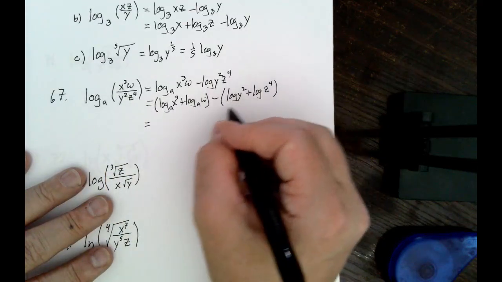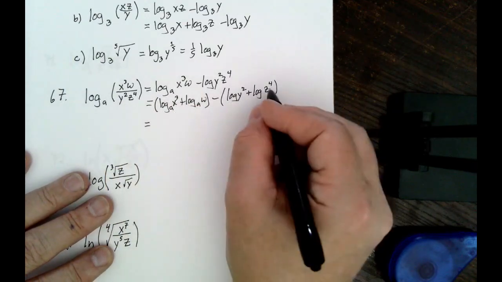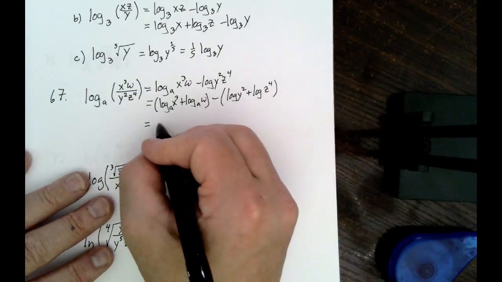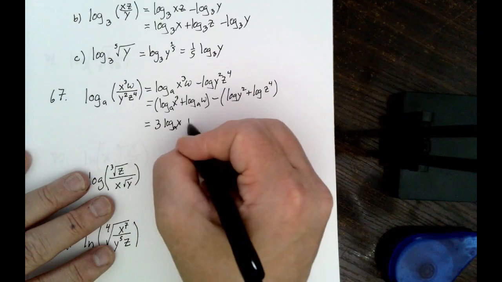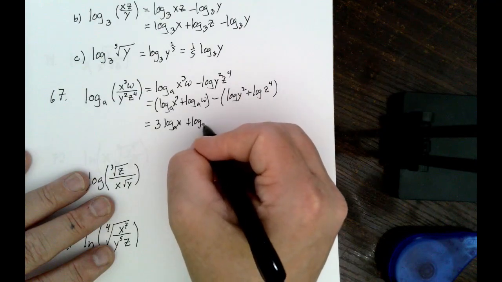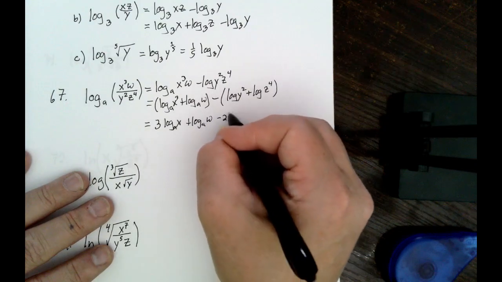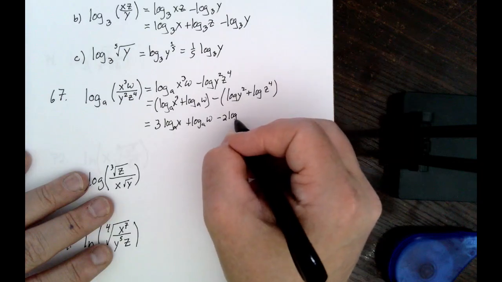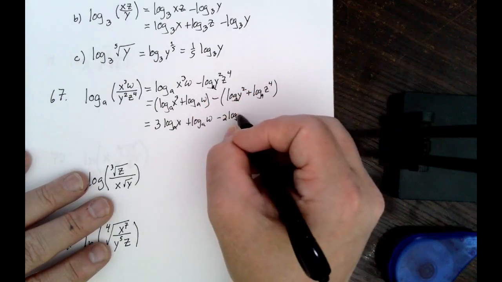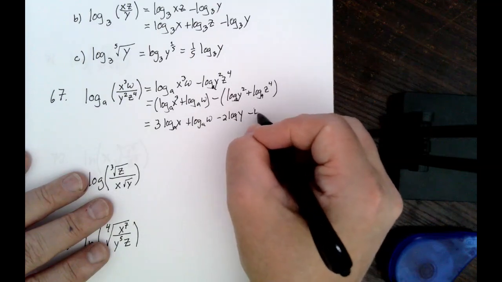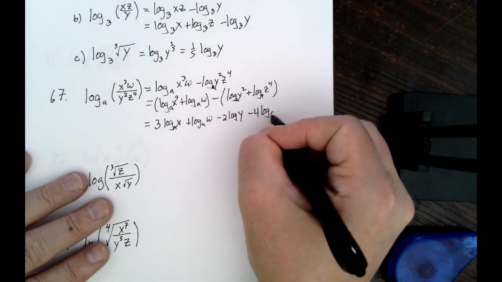So each one is going to change sign. You can also bring these 4, 2, and 4 exponents out front. So you end up with 3 log base a of x plus log base a of w minus 2 log base a of y minus 4 log base a of z.